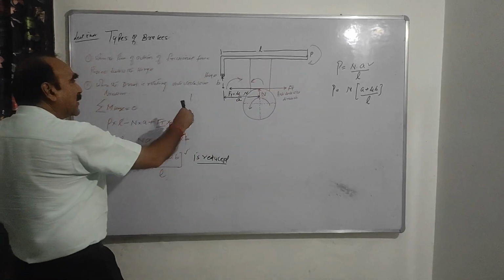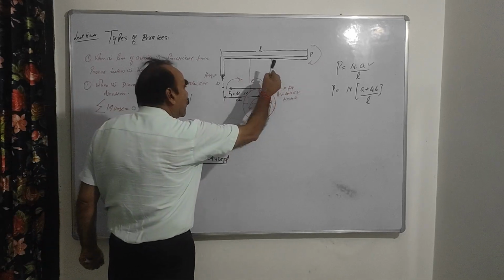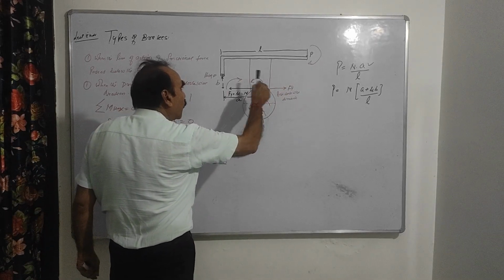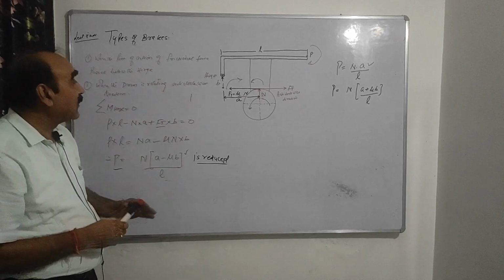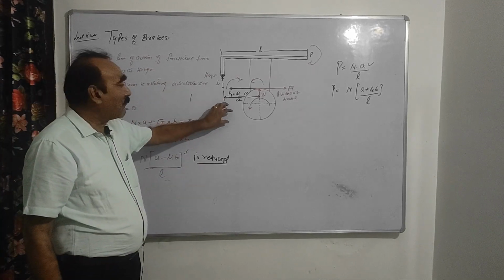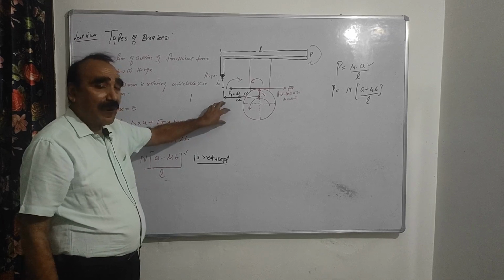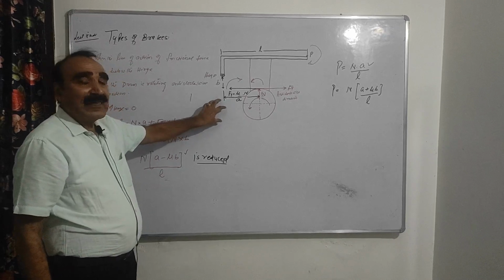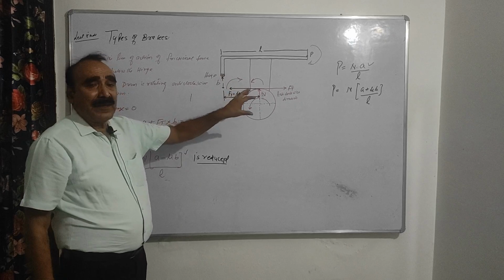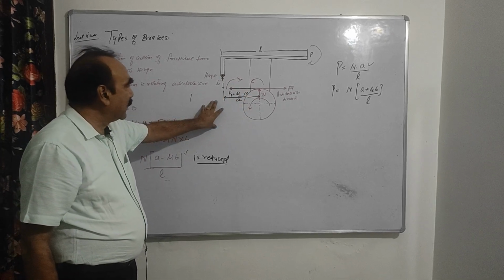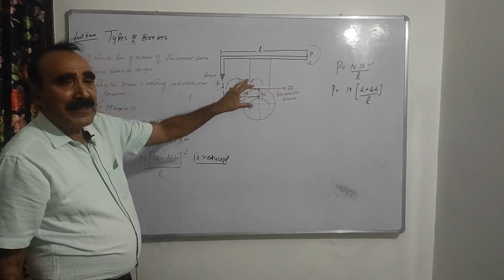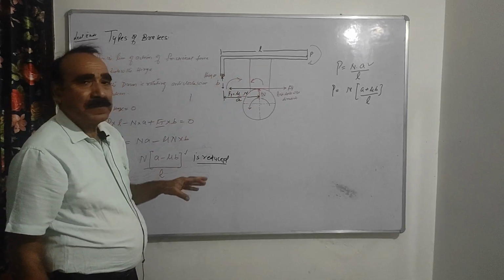So Ft is helping P to apply the brake. So you can say the braking effort has been increased, because Ft is also helping P to apply the brake, and the value of P is considerably reduced.